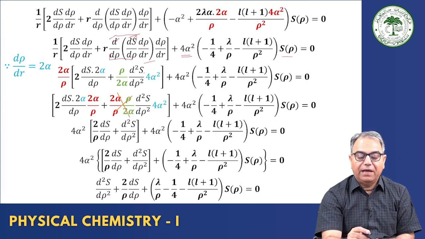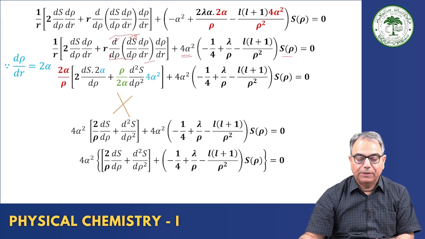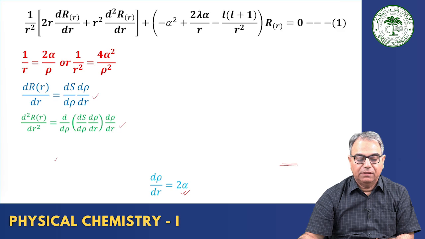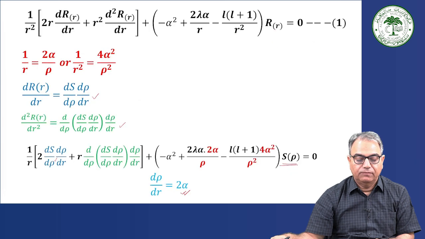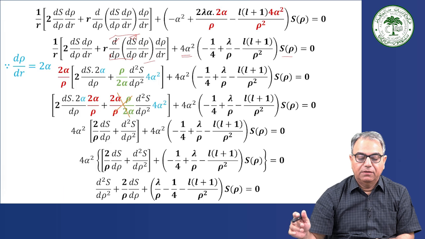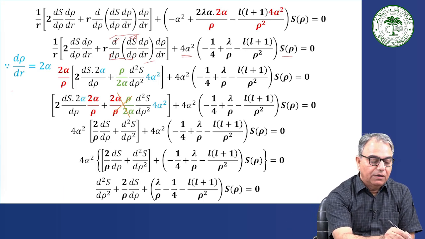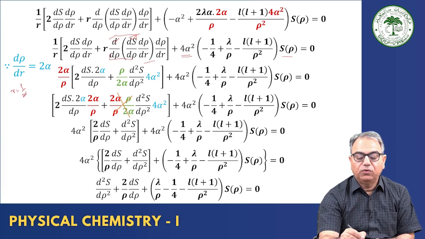Okay. And then r is equal to what? I should have written it here also. Your r is equal to rho divided by 2 alpha. So, this r is rho divided by 2 alpha.